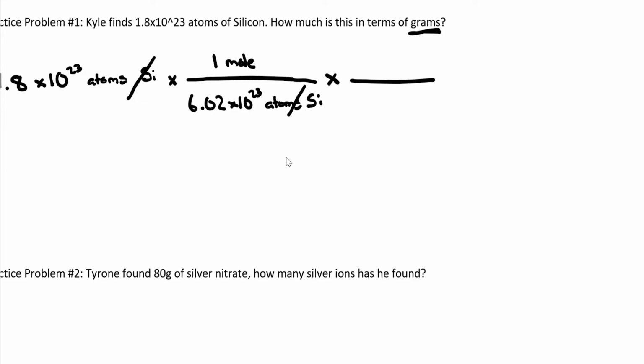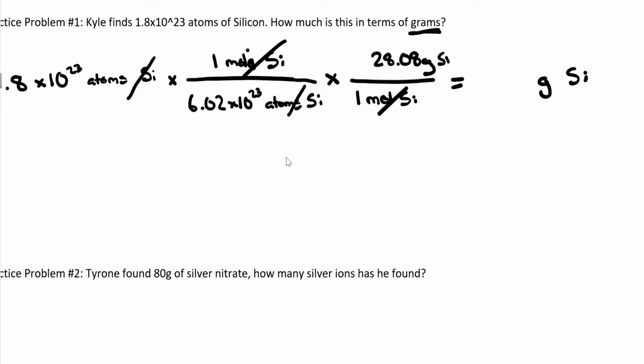So you know that for every 1 mole of silicon, you're going to have 28.08 grams. That is the relative atomic mass. That is the molar mass, right? So now we have our answer in terms of grams of silicon over here. So the units cancel out here as well. After all these units cancel out, we have the answer in terms of grams of silicon.